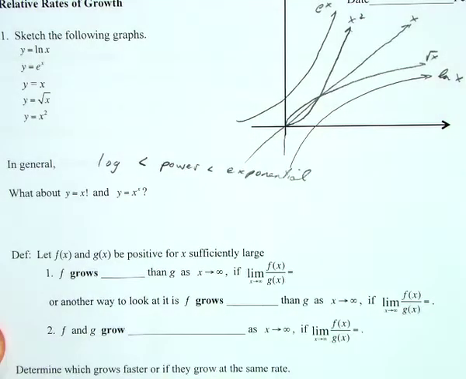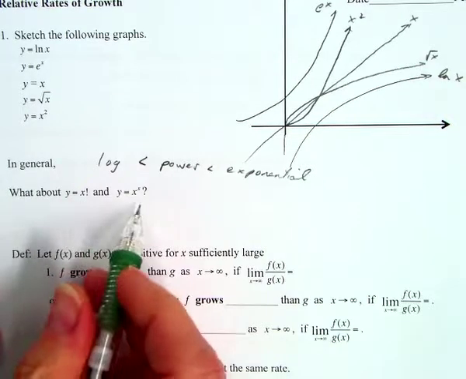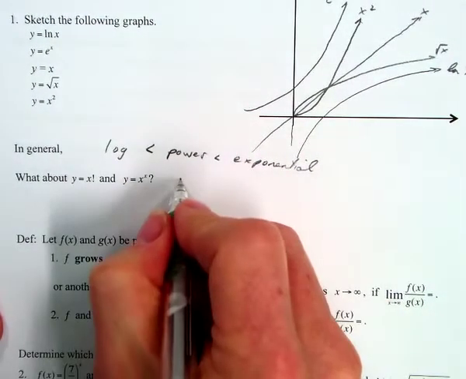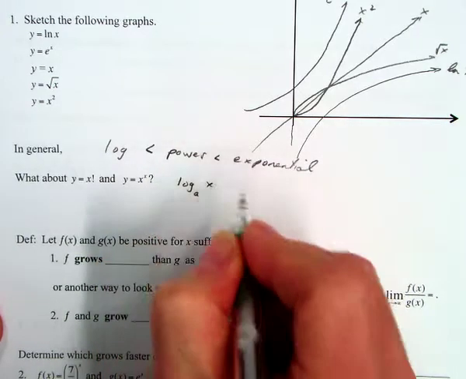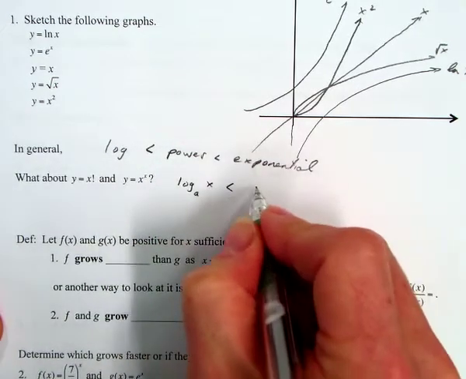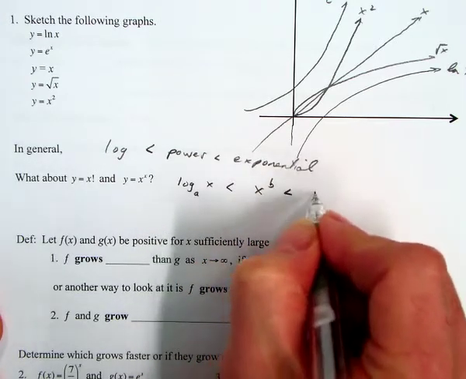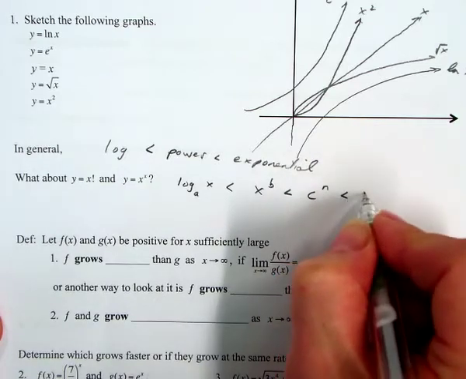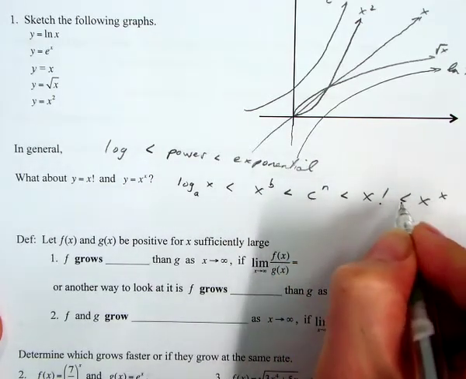And what happens when we add in some funny ones like factorial and x to the x? I'll write it out a little bit more generally. Log base a of x, our log, is less than our power x to the b, which is less than our exponential c to the n, which is less than our factorial, which is less than x to the x.